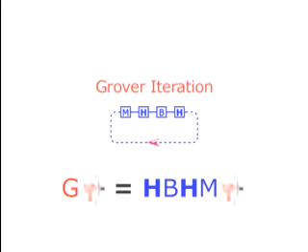They're in reverse order to the order they're performed in because it's the rightmost factor that hits the ket first. We'll see in a moment how many of these Grover iterations you have to do. That's it. Now, what does all that do, and why does it work?